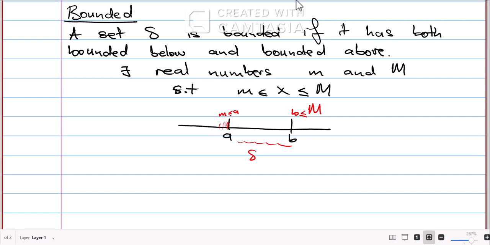So don't be confused with these a and b's. So these here are all the values of x.